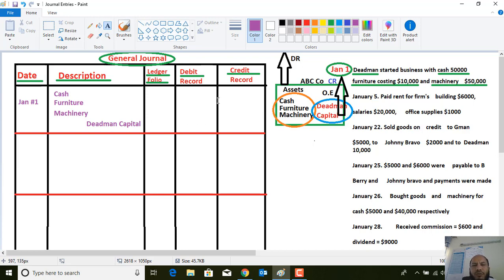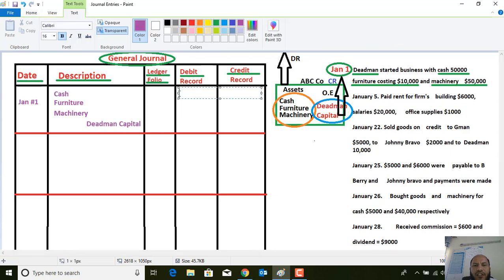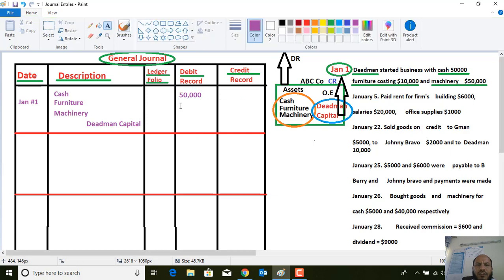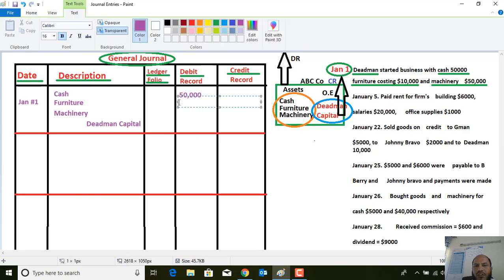Now, dear students, we will record the amount of all these accounts. How much was the amount of cash invested by Deedman? If you see, that was equal to 50,000 rupees, 50,000 AFN, or we may say $50,000. Second, Deedman invested in furniture.